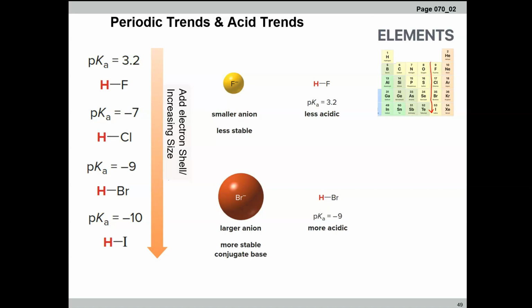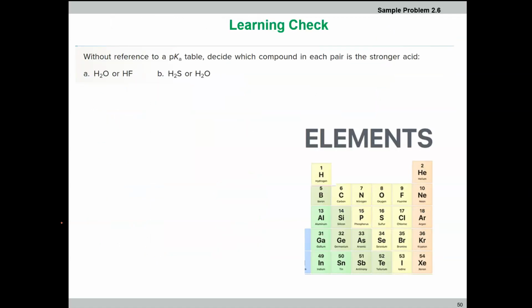And so that is why as we go from the top to the bottom of the periodic table, as that charge distribution is allowed to happen, we're able to distribute that negative charge over a larger area of space. So without looking at that pKa table that we've been working on, we can understand which of these are going to be a stronger acid or base just based off of where it is on the periodic table.